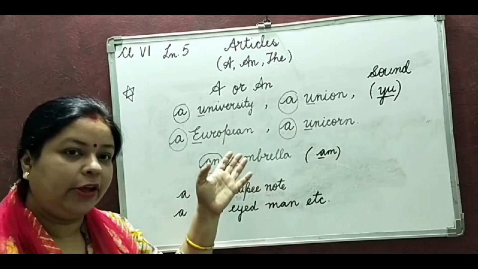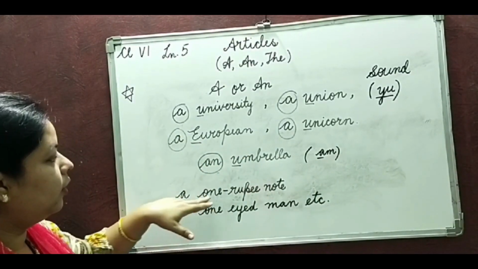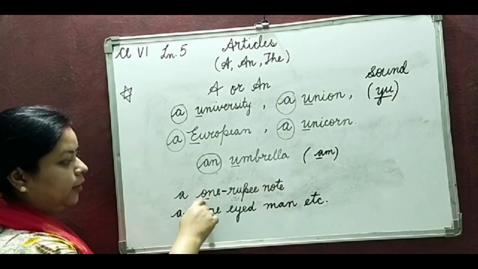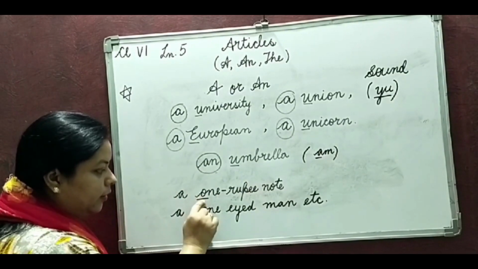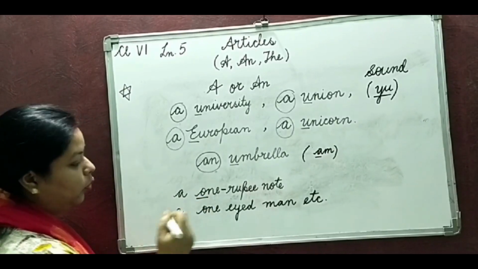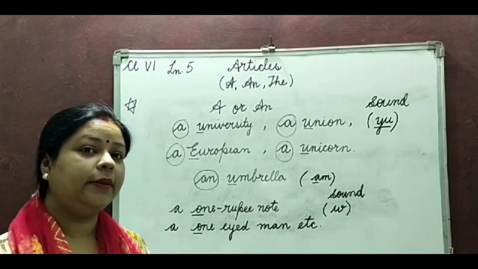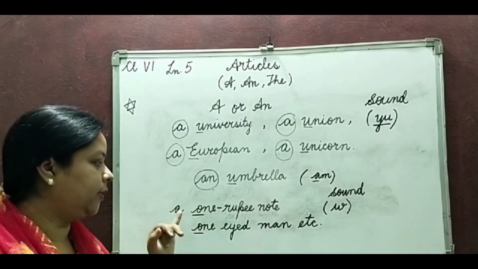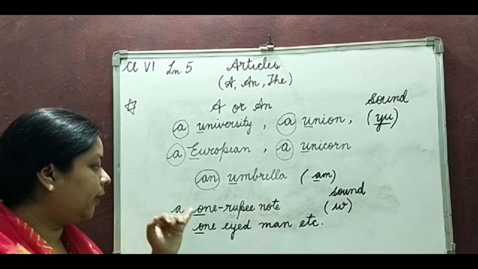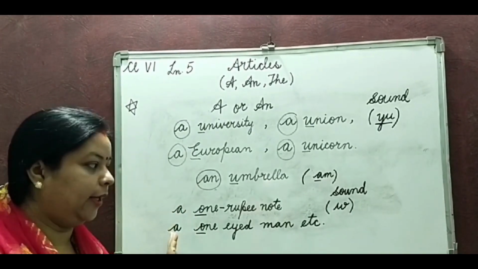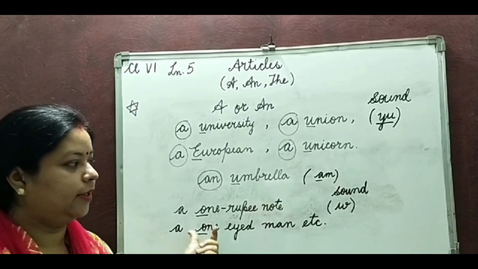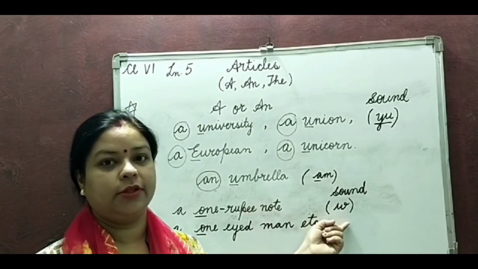In the same way, you can see here a 1 rupee note. Why? Here the word starts with a vowel, that is O. Similarly, words that start with the vowel letter O like this are again used with the article A, because while pronouncing these words, the sound W comes first.